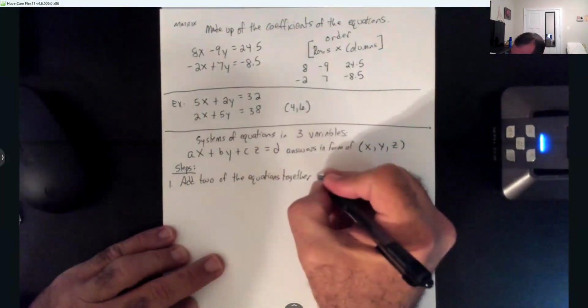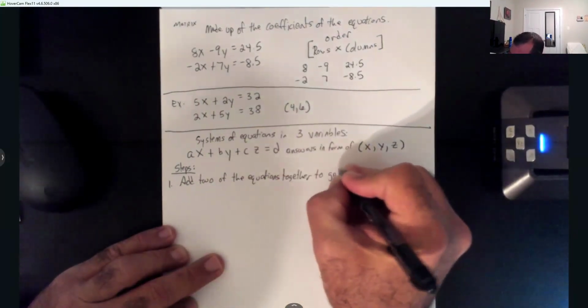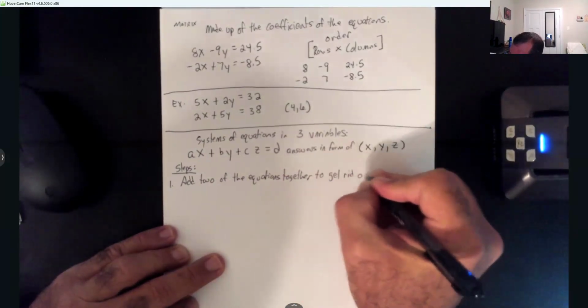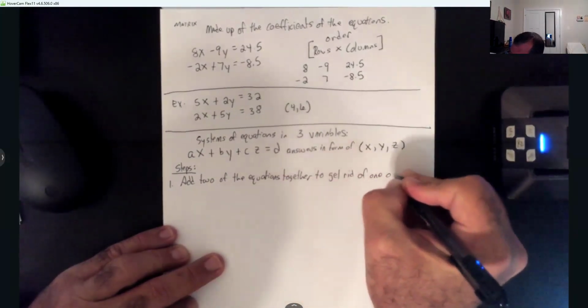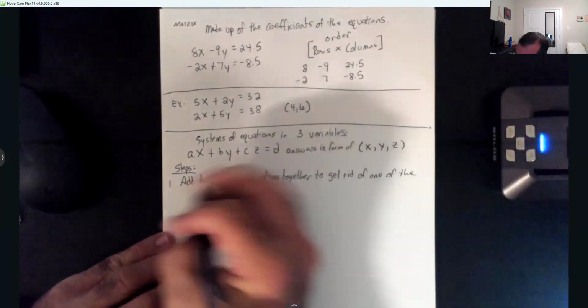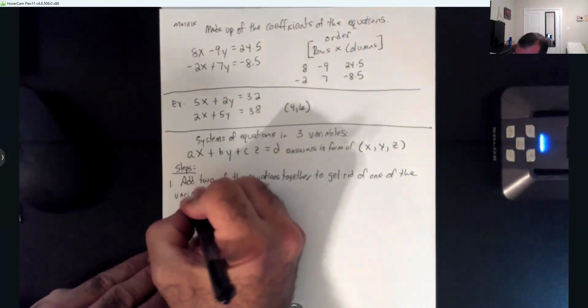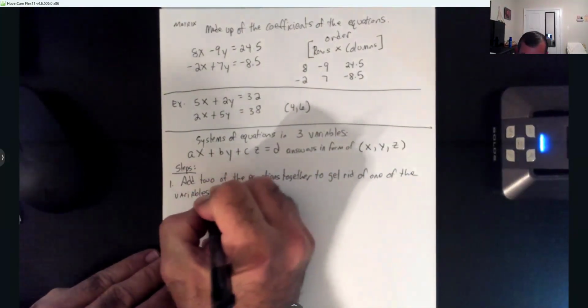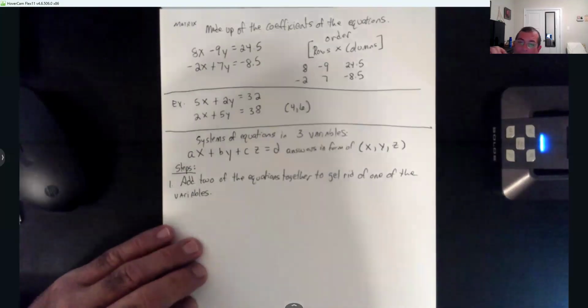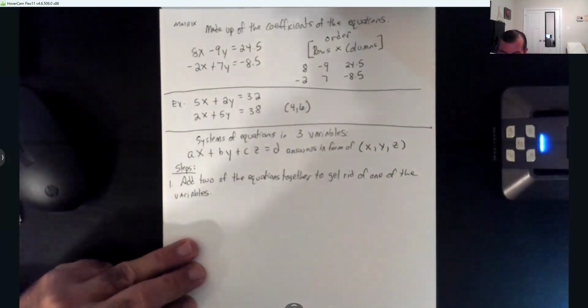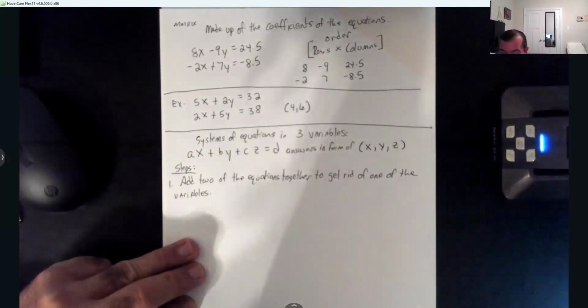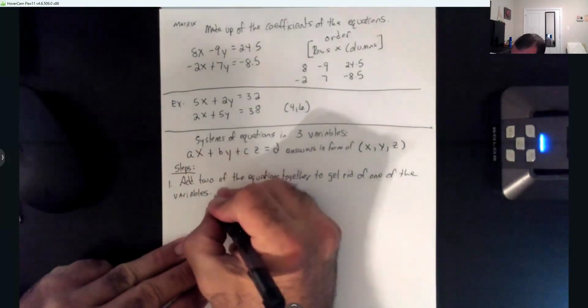To get rid of one of the variables. Now, here's the thing. You got 3 equations. I just used 2 of them.